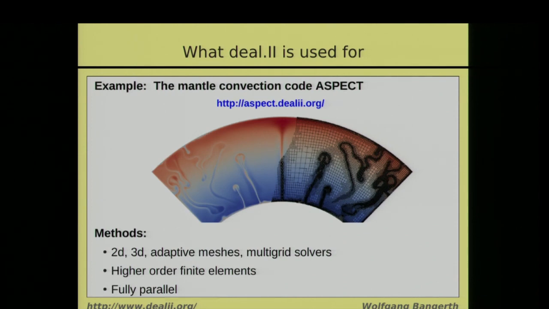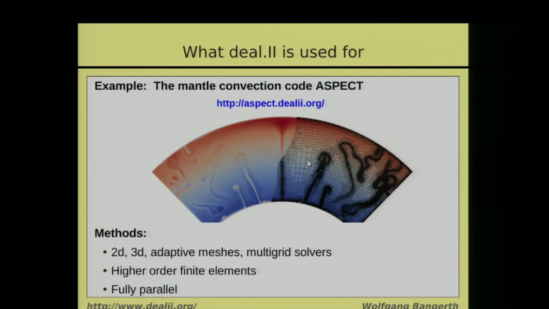What we want to do with this is solve problems in 2D and 3D. If you look at these plumes that rise up here, the features are fairly small compared to the overall size of the Earth's mantle. If you want to resolve them accurately without investing too much compute time, you need adaptive meshes, just like over here, that are refined where it's necessary, and coarse meshes where nothing's going on.